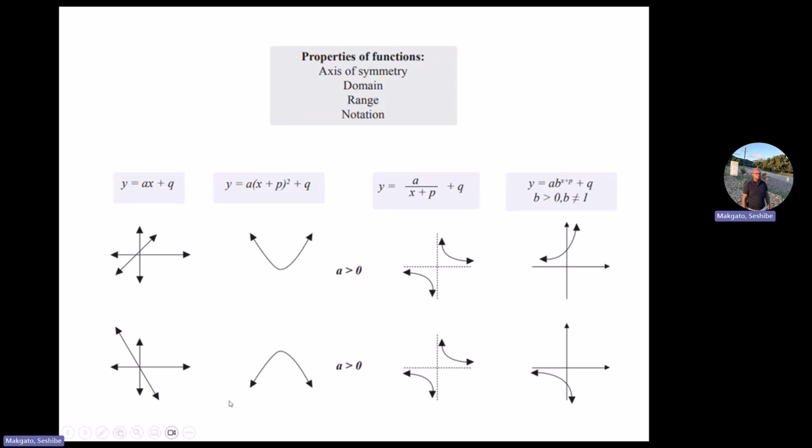Normally these are just straight line functions, and then of course the parabolic graphs will normally be curved. This is what a parabola will be looking like, either facing up or down depending on the gradient. And these are parabolic functions, hyperbolas, and obviously this one is the exponential functions.